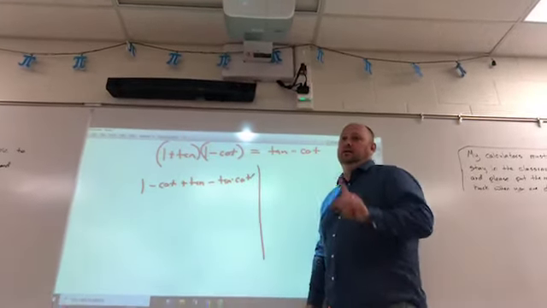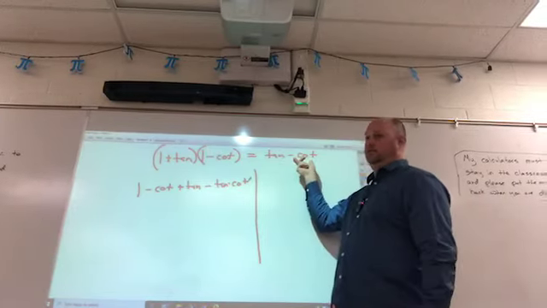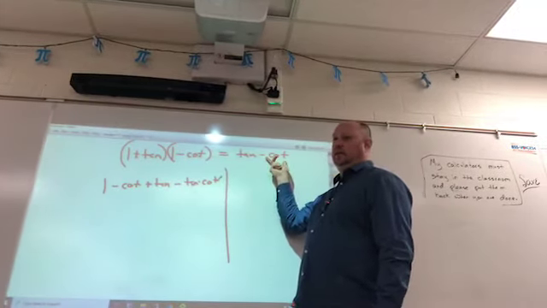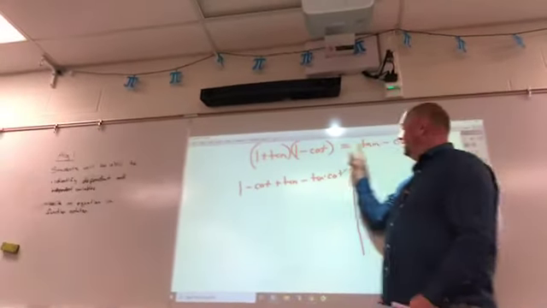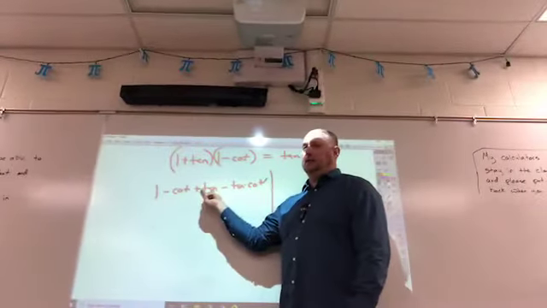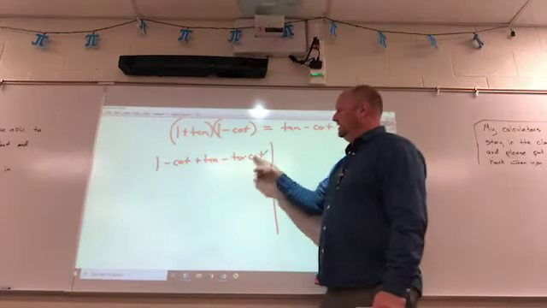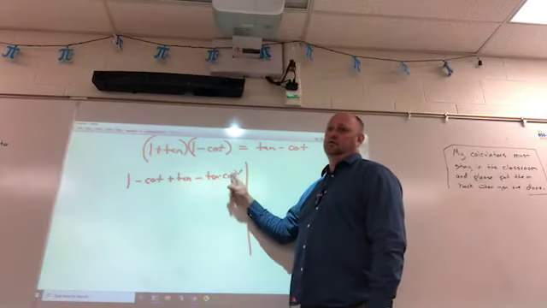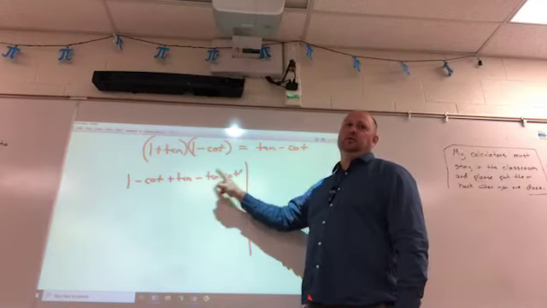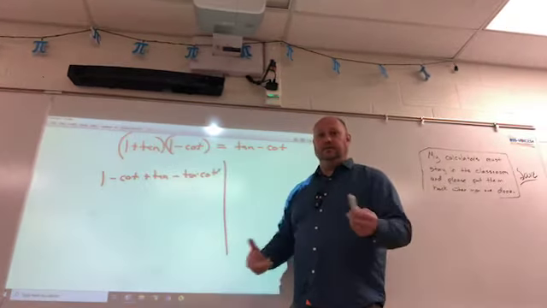Most of this is good, because I have a negative cotangent and a positive tangent, which is what I want. I just don't want this 1 and this tangent times cotangent. Is there something in my toolbox? Tangent times cotangent is 1, because they are reciprocals of each other.